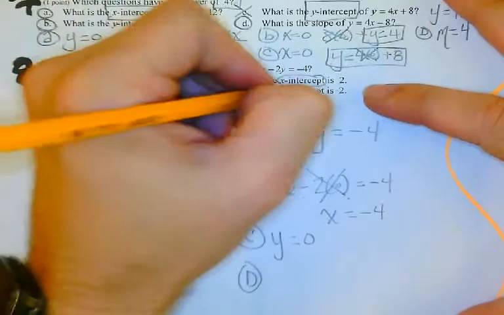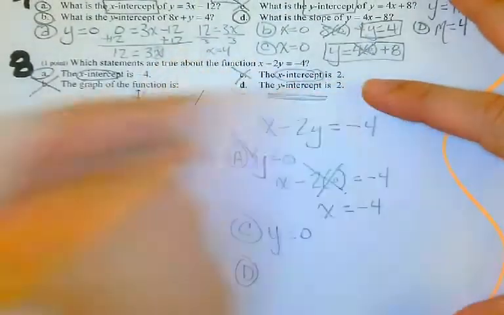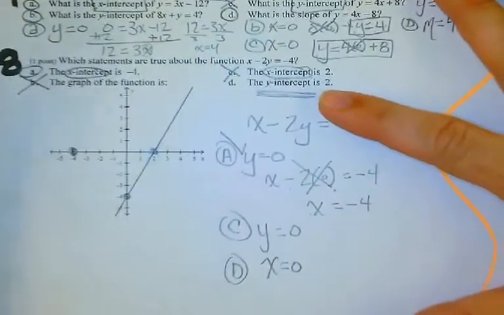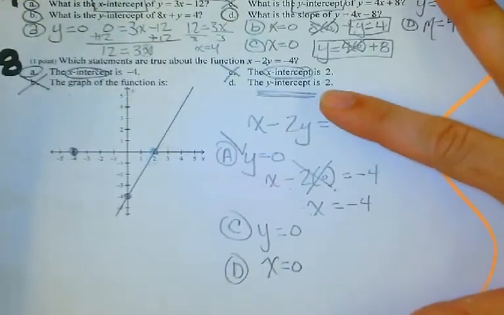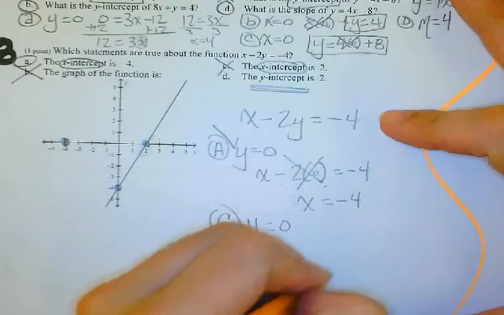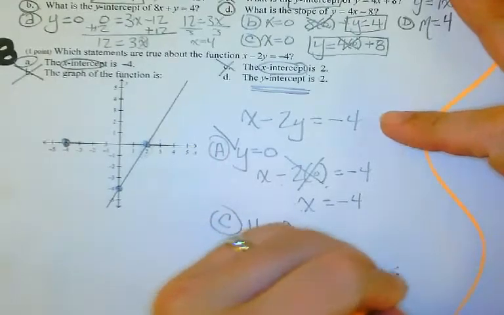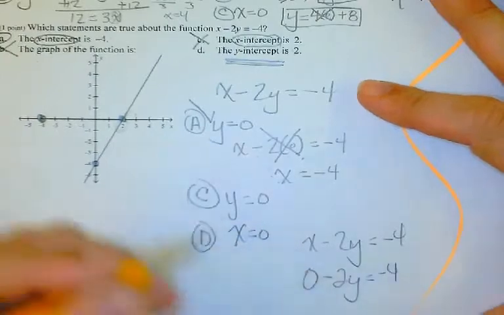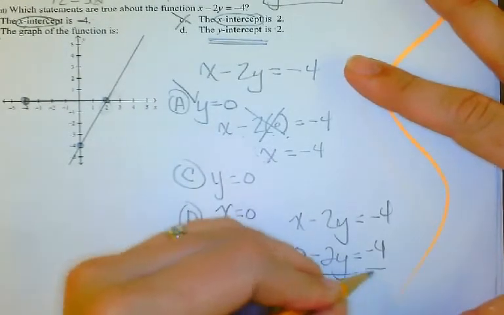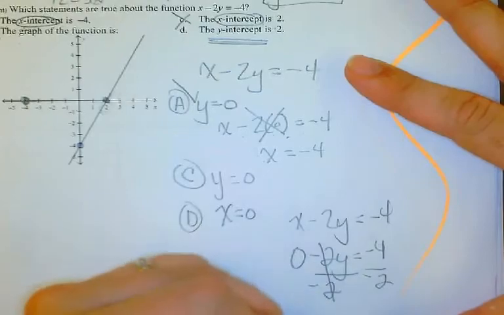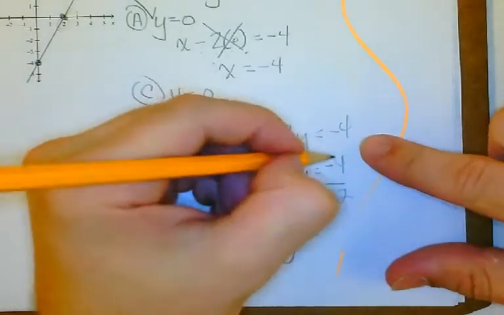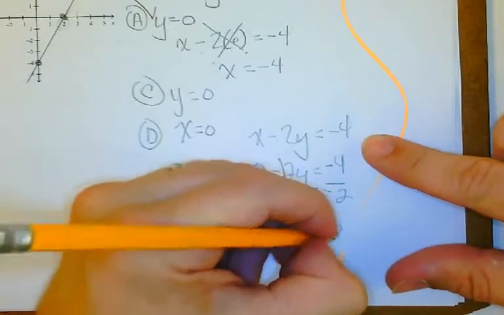D says the y-intercept is 2. Y-intercept means x is 0. So our equation is x minus 2y equals negative 4. So 0 minus 2y is negative 4. Dividing by negative 2 means that y equals 4 divided by 2, which is 2.